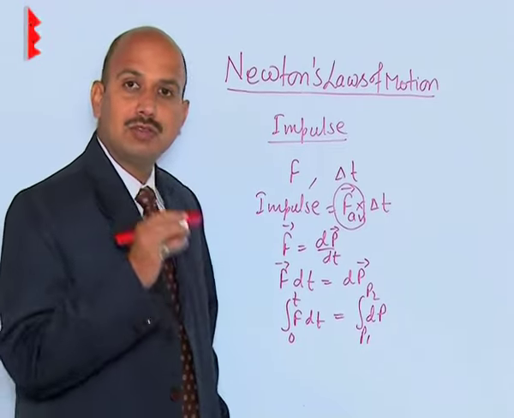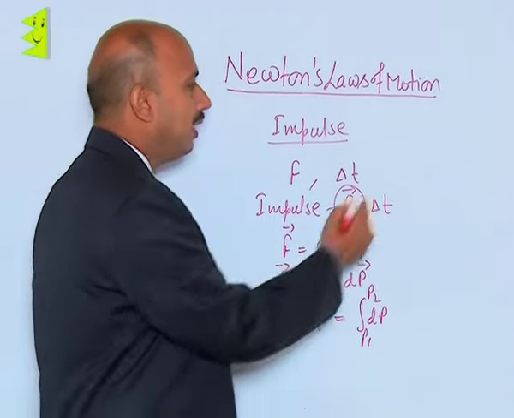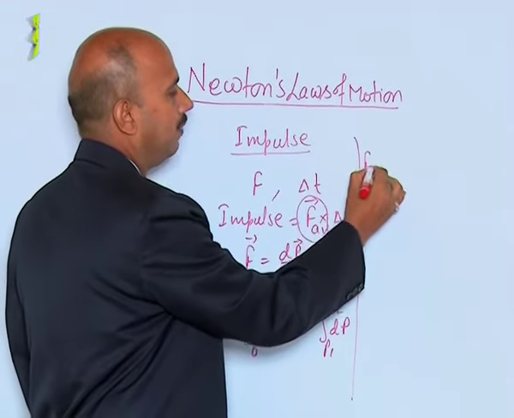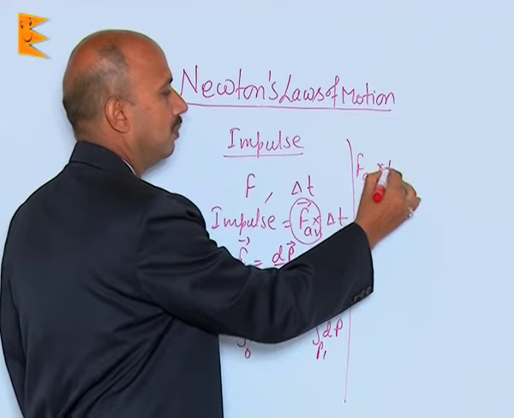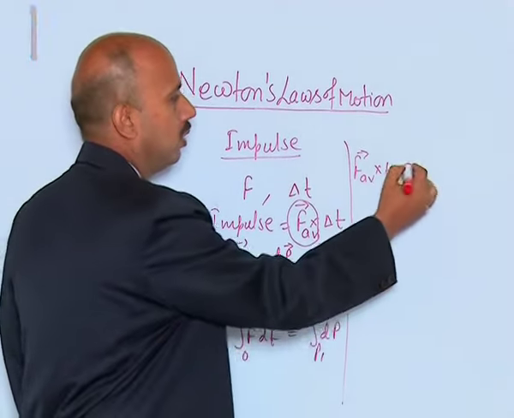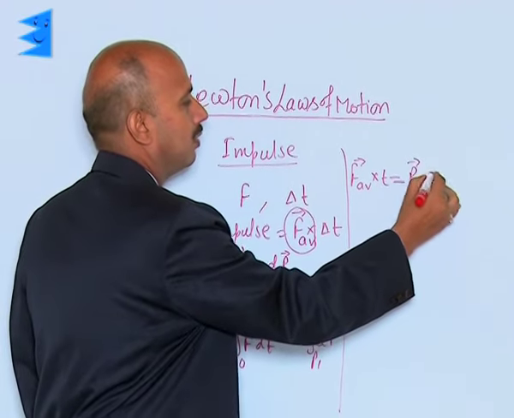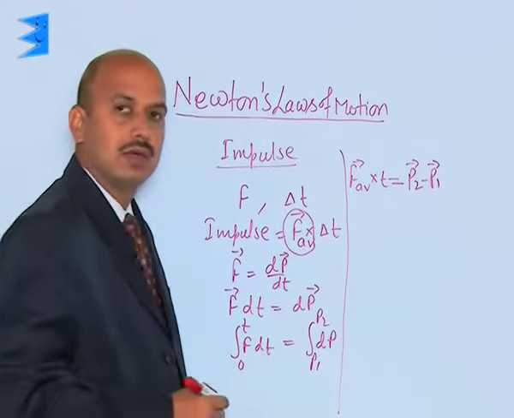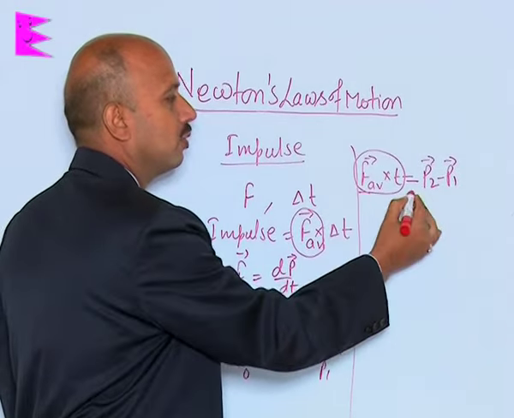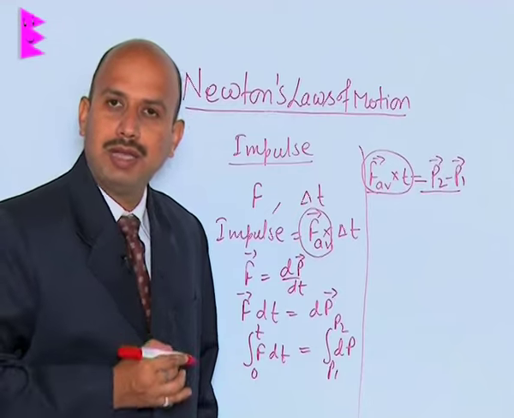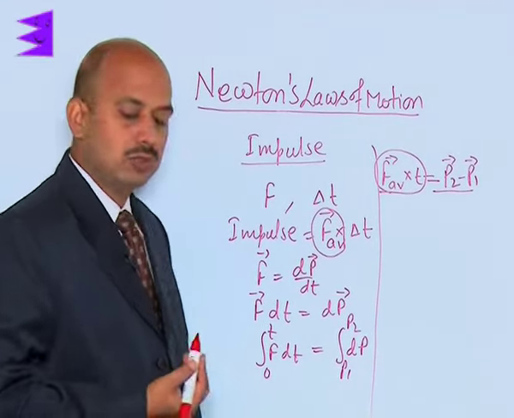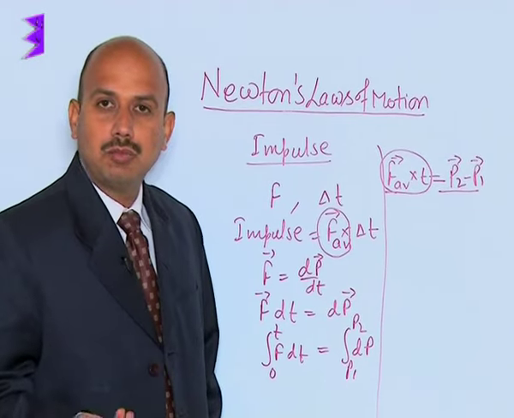Suppose F average is a constant force, so after integration we can write F average into t is equal to p2 minus p1. That means impulse is equal to change in the linear momentum. So we can also say impulse is equal to change in linear momentum.